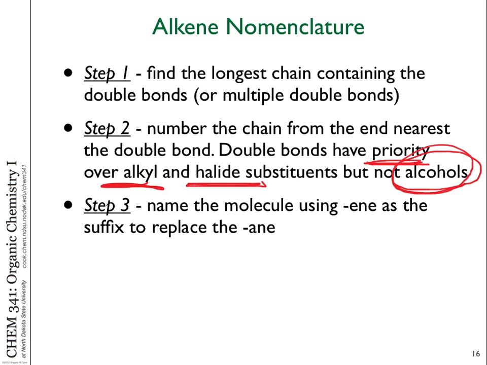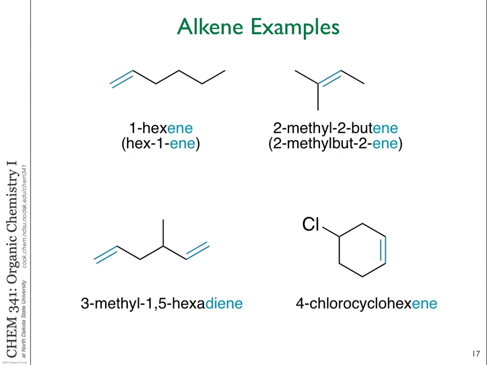And then when you name it, to indicate that it's an alkene we replace the "ane" ending with "ene" to indicate the double bond. And we have to give the number of the position of the double bond. Some examples are shown here. You can see several examples of alkenes. In this case, we have a 6-carbon chain.